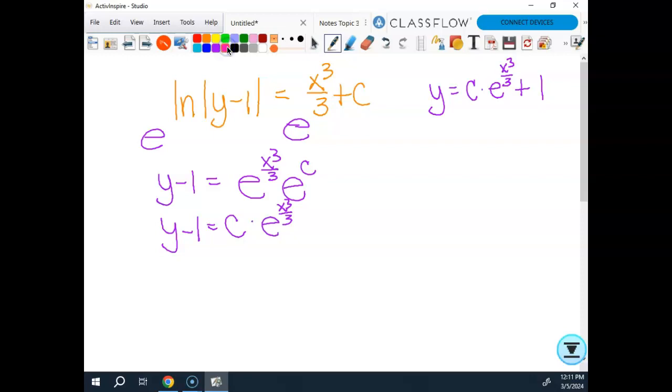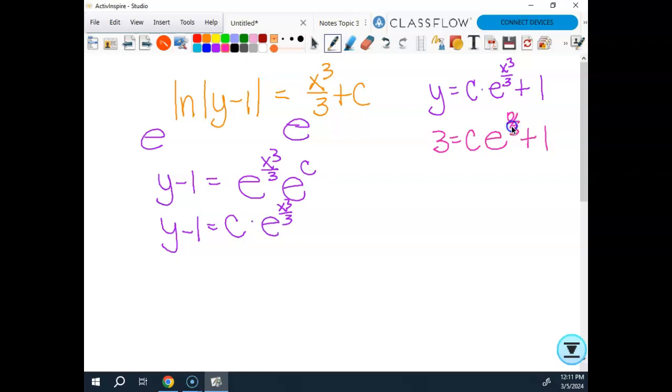And that means, what was my y? Was it 3? Y is 0 or y is 3? Y is 3. That's equal to c times e to the 0 over 3 power plus 1. What is e to the 0 over 3 power? 0.